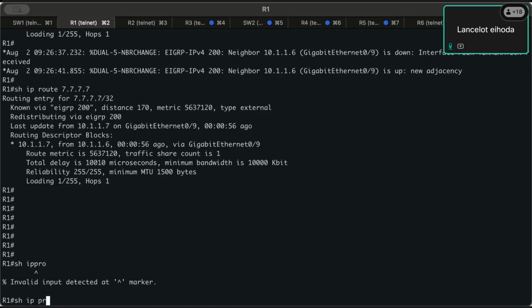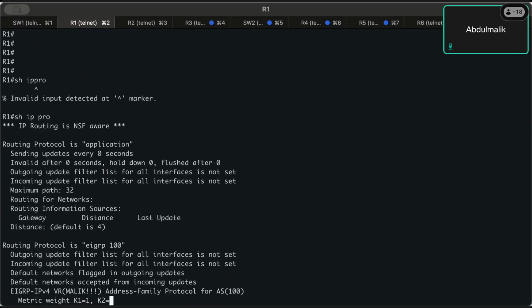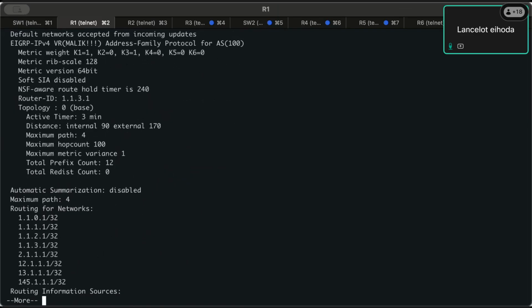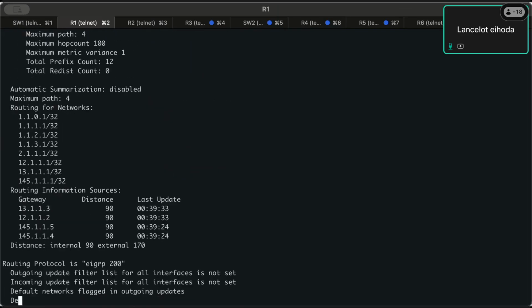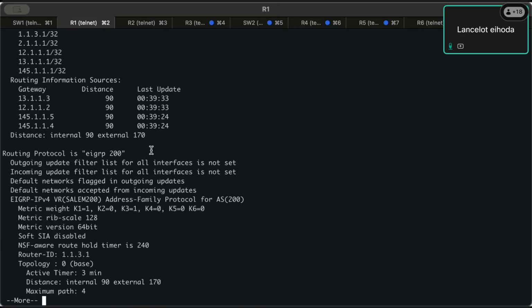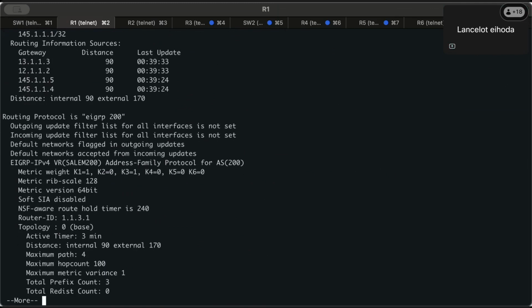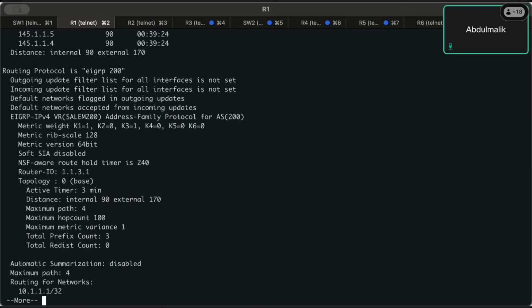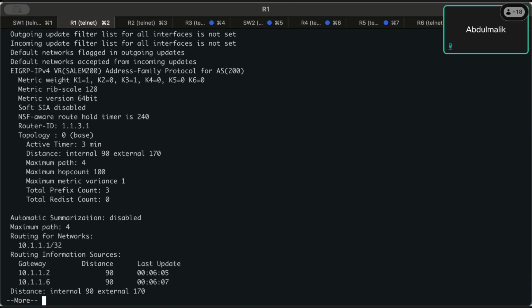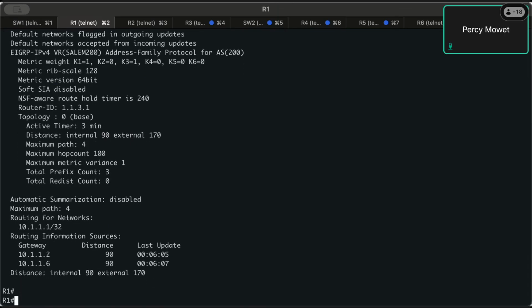There's a space in between. Yes, we have EIGRP 200. But then how do you know what the timers are? Can we see it from here? Active timer 3 minutes.